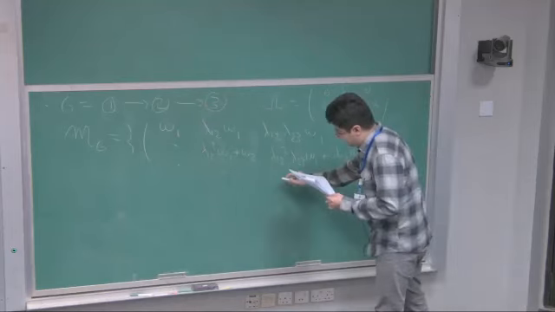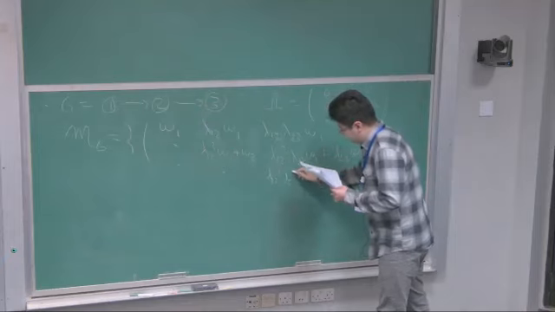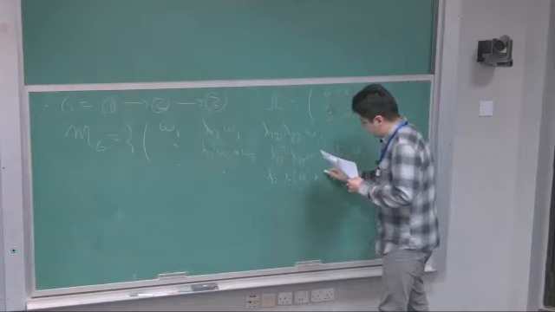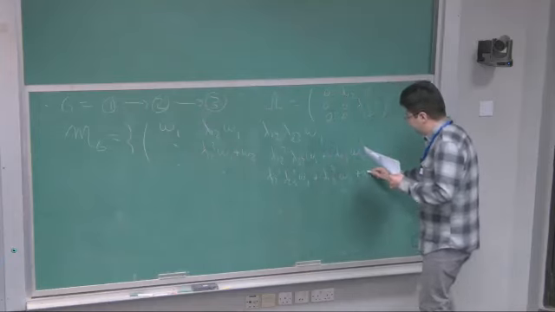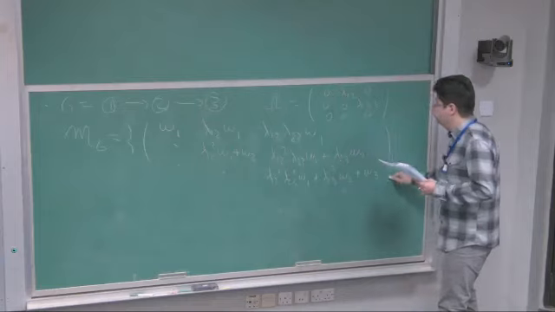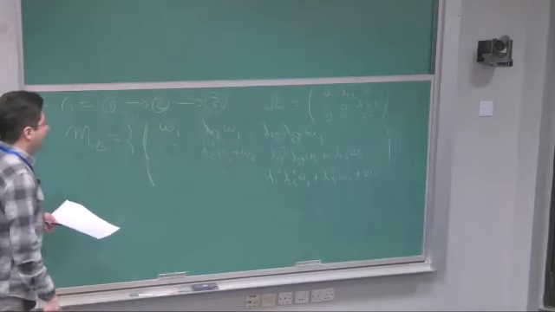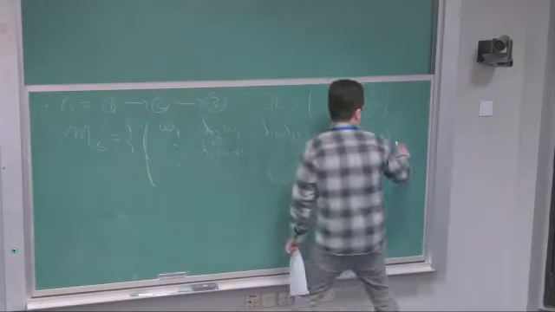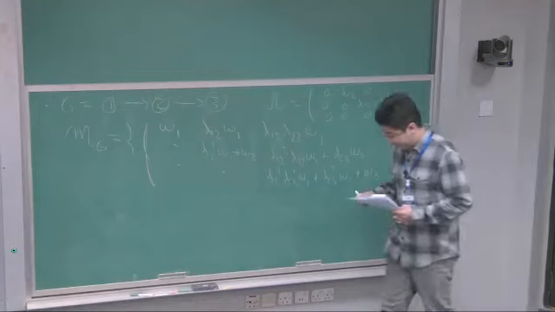And the last entry is lambda 1,2 squared lambda 2,3 squared omega 1, plus lambda 2,3 squared omega 2, plus omega 3. So it's a bigger matrix than expected. And the same restrictions as before: the lambdas can be anything, and the omegas have to be positive.